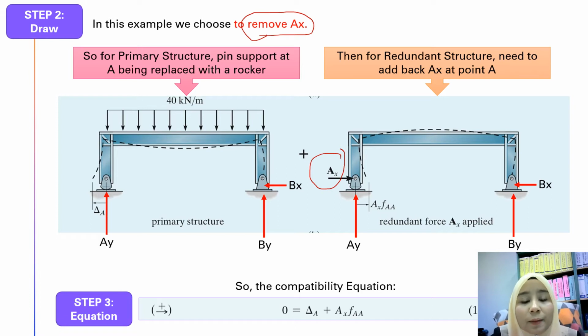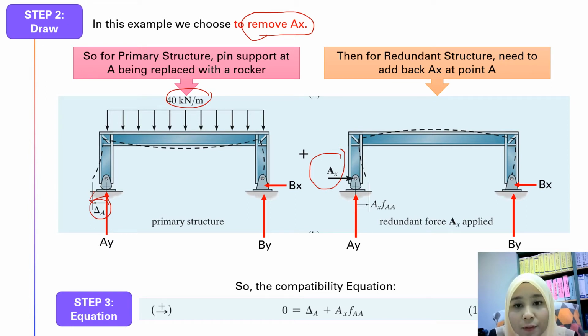Okay, let's see the primary structure. You remove the pin and replace it with a rocker. You have 40 kilonewton here pushing the frame downward, and then the deflected shape will become like the dotted one here, and this support will displace like this, which is delta A. For this one, you add AX here.